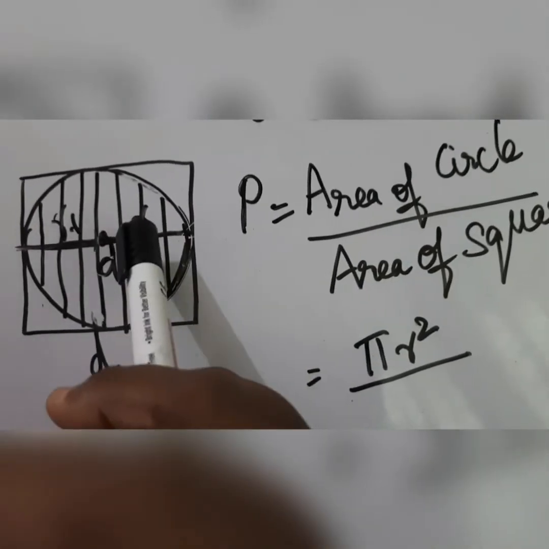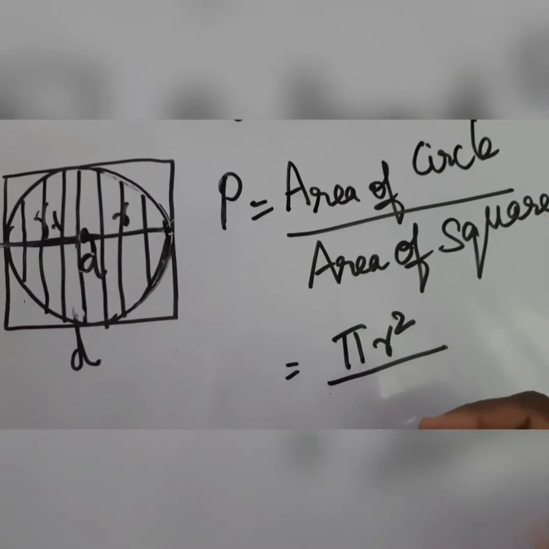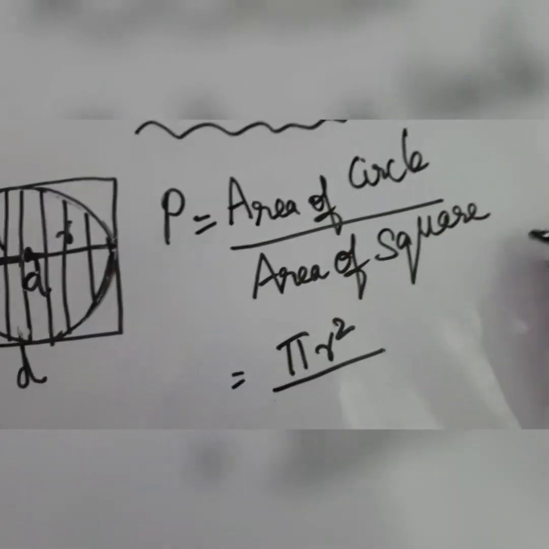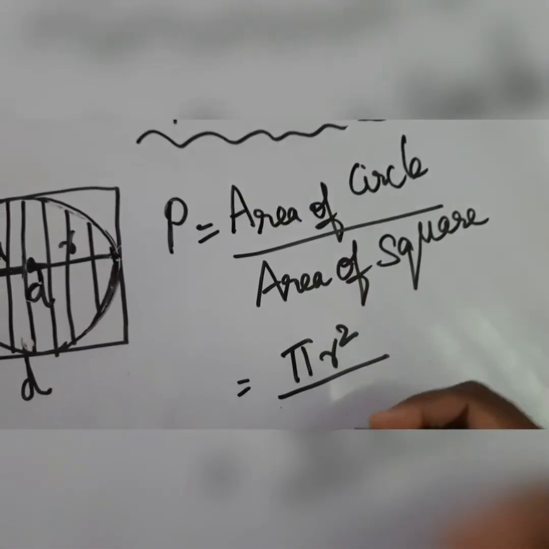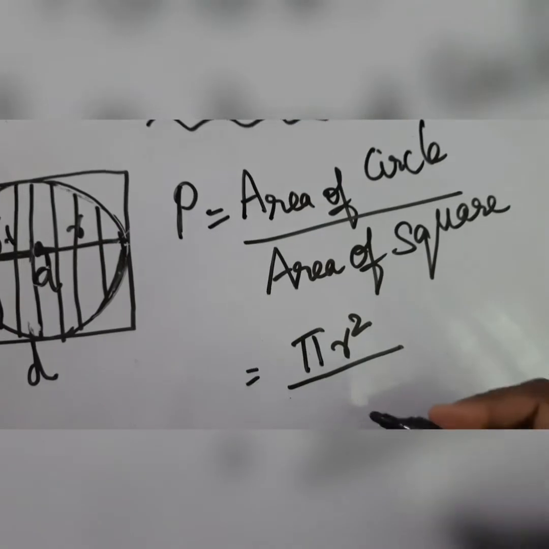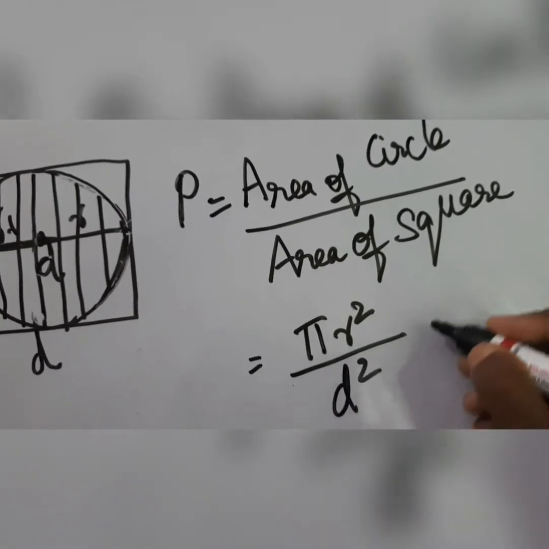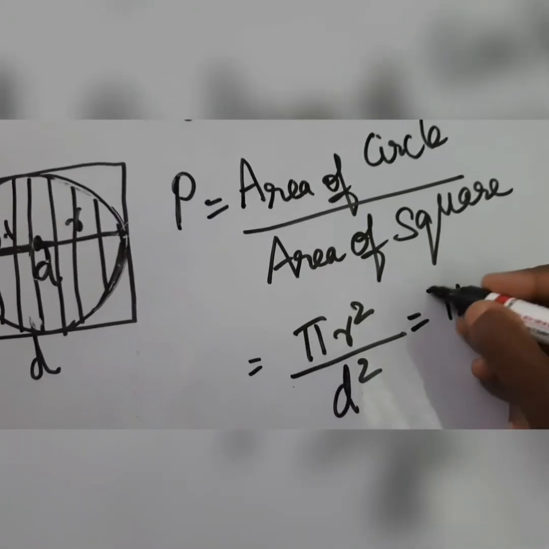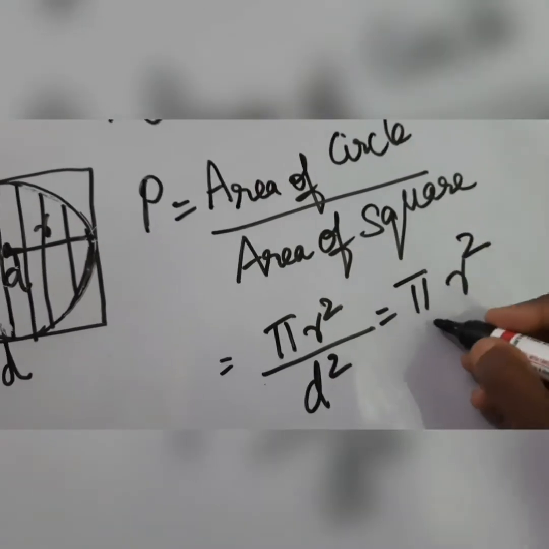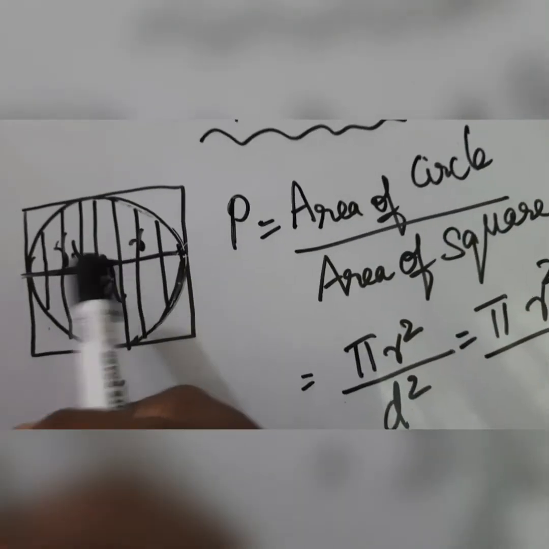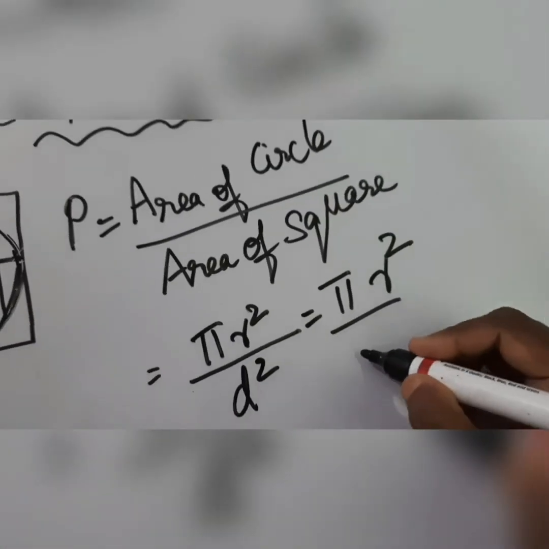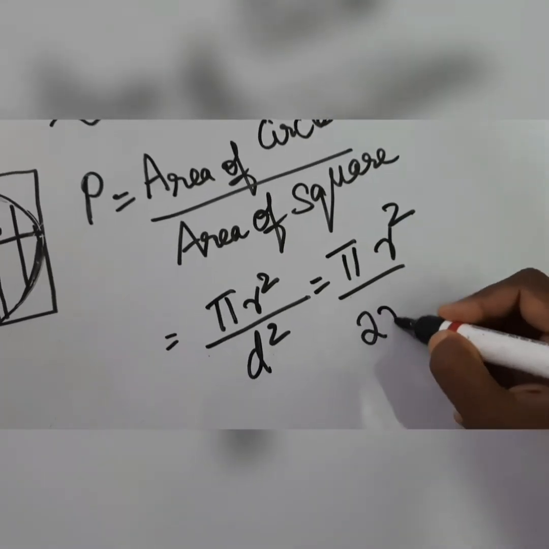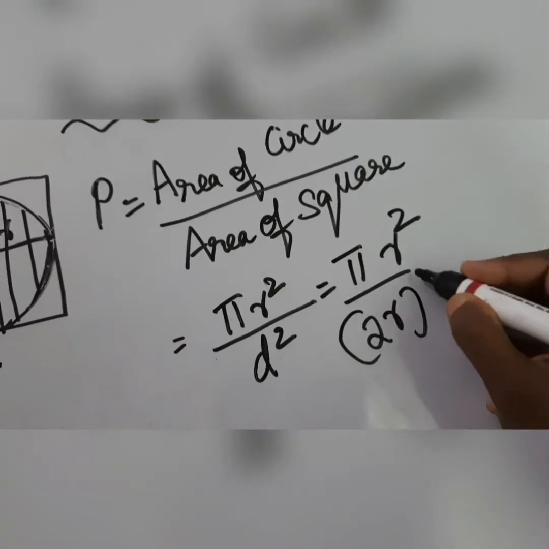Area of square is equal to d into d, that is d square. D is same as 2 times r. So instead of d, we can write 2 times r whole square.